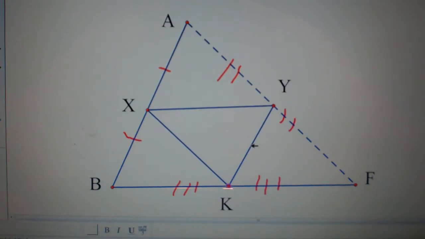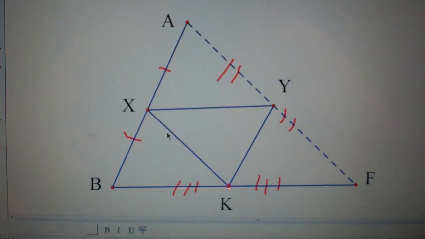So, in the diagram again, then, if we wanted to, we could say that segment YK here is parallel to segment AB. It's half of segment AB. And that YK is a mid-segment of the triangle.